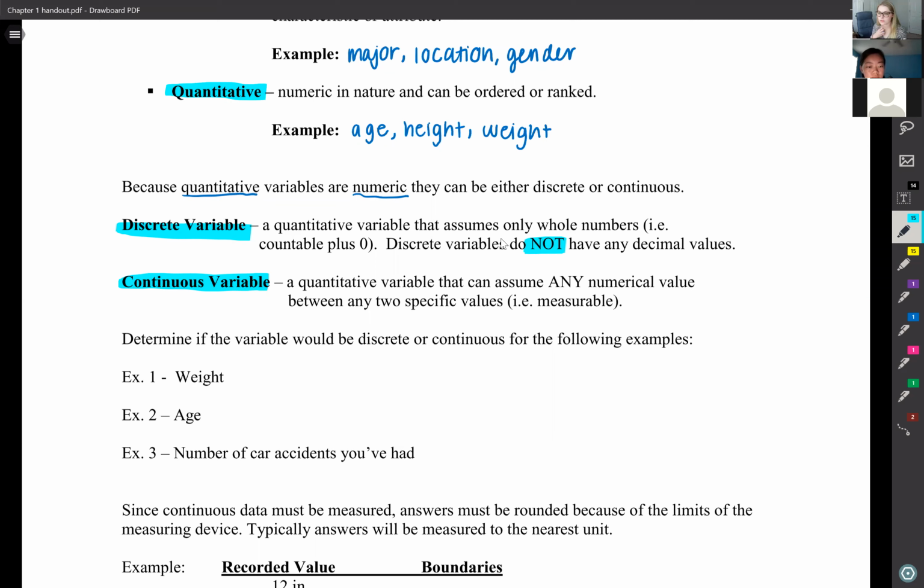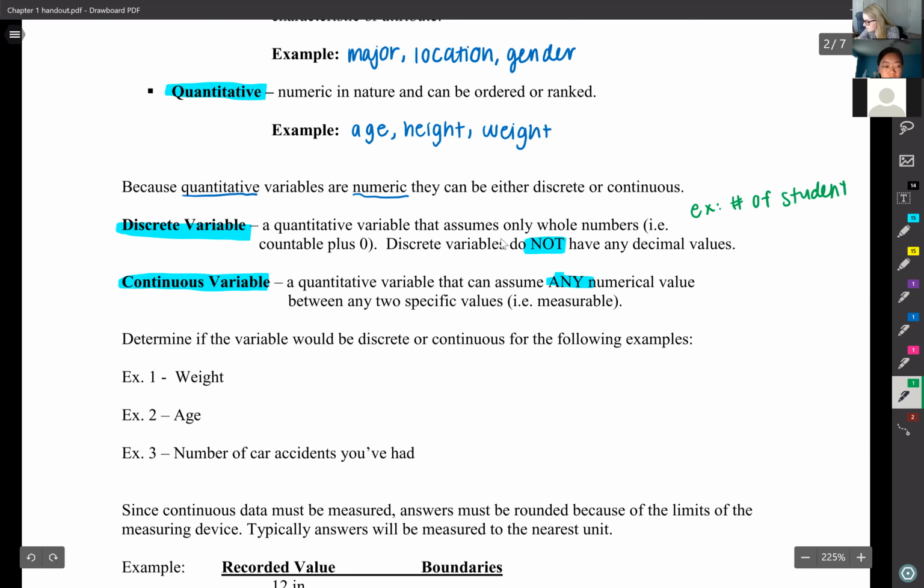So some examples just to give you the difference between them. An example of a discrete variable would be something like the number of students in a class. That would be discrete because I'm not going to say, hey, we have 9.5 people. That's not how that works.